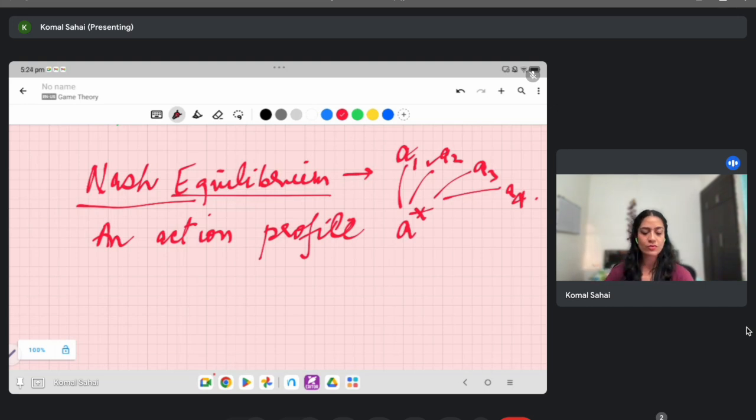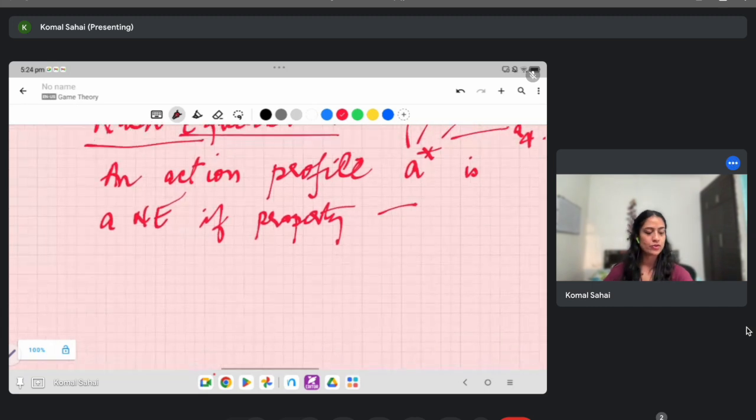So an action profile is a Nash equilibrium, right? If it has the property, मैं पूरा sentence नहीं लिख रही हूँ, you obviously have your books to read that.